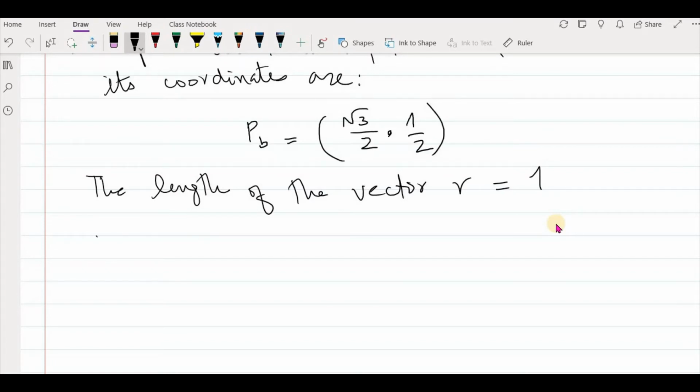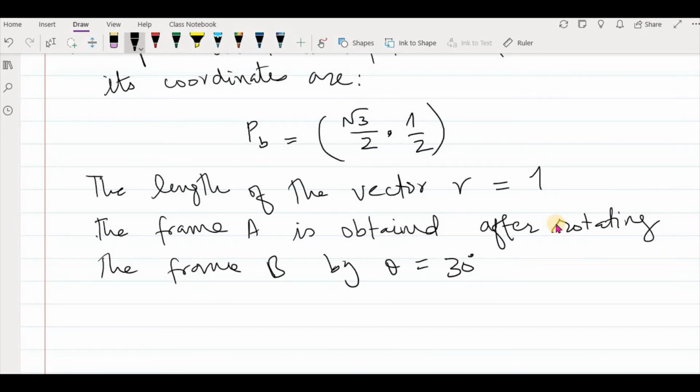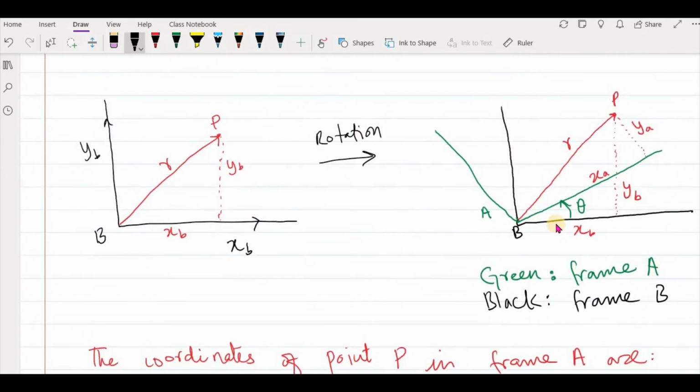Now the frame A is obtained after rotating the frame B by theta equal to 30 degrees, like the same we did here.